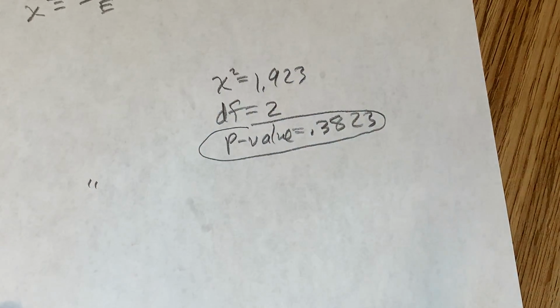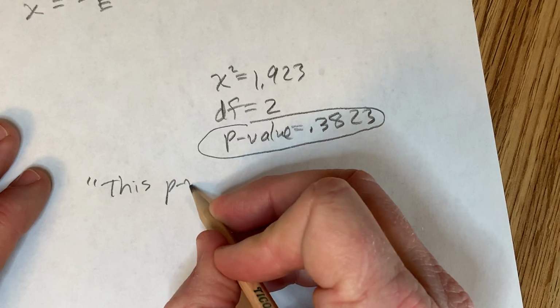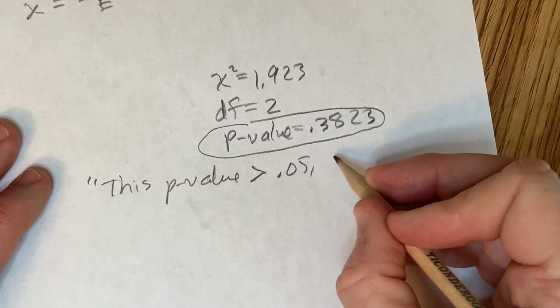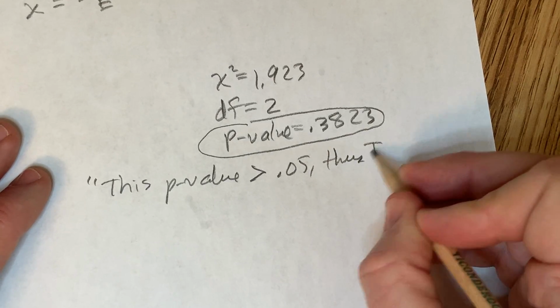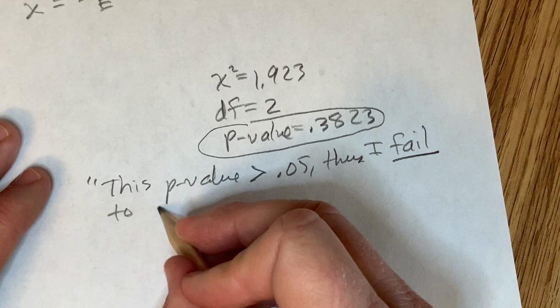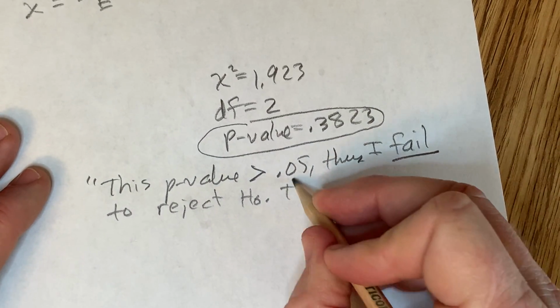And our ending is the same as it has been for the last several chapters. This p-value is greater than our alpha, 0.05. Thus, I fail to reject the null hypothesis.